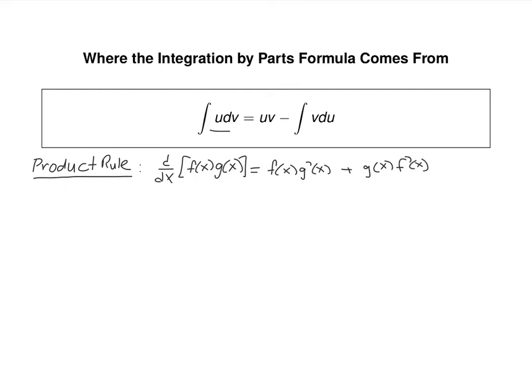Now what we're going to do is take this equation for the product rule and integrate both sides. In the same step, I'm going to flip-flop what's on the left and what's on the right. So the antiderivative of f of x g prime of x plus g of x f prime of x has to equal the antiderivative of the derivative of f of x times g of x.